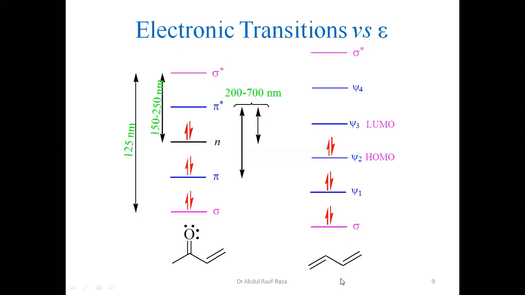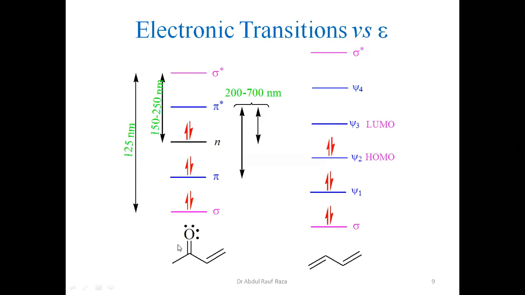But when we are talking about UV-visible spectroscopy, if two double bonds are in conjugation, then they can absorb in the UV region. If it is a single double bond, it shall absorb in the VUV region, below 200 nanometers, which is not a UV region.